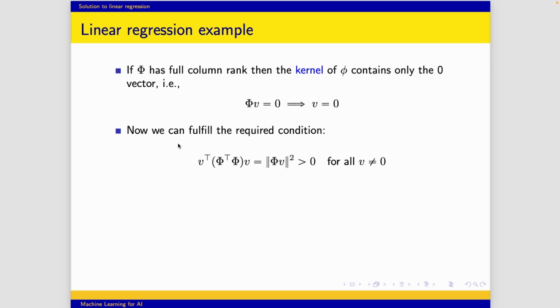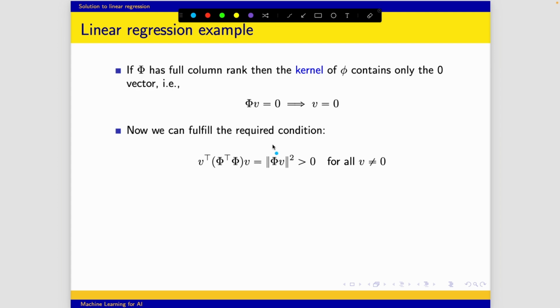Now we can fulfill the required condition. If the design matrix has full column rank, which is the condition that we require, then phi v is 0 if and only if v is the 0 vector. So let's now see what this quantity looks like, this quadratic form, v transpose times our matrix times v.